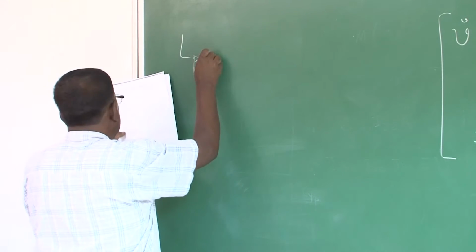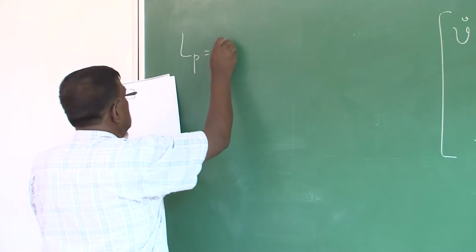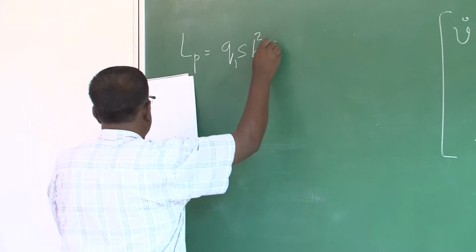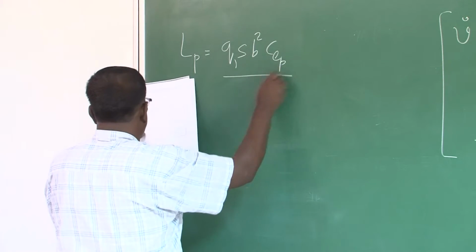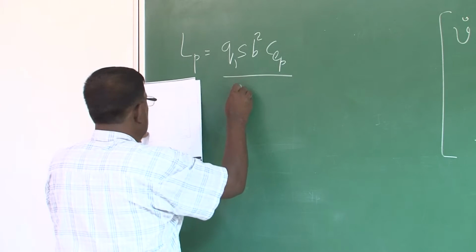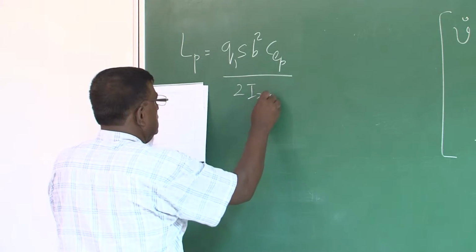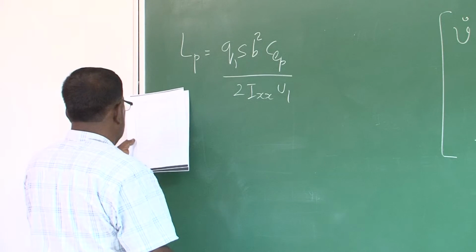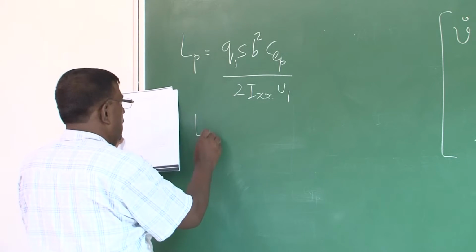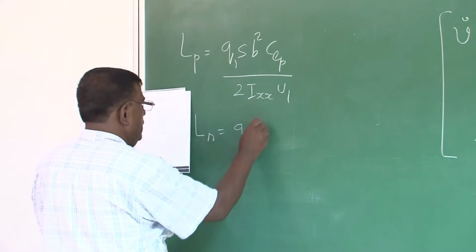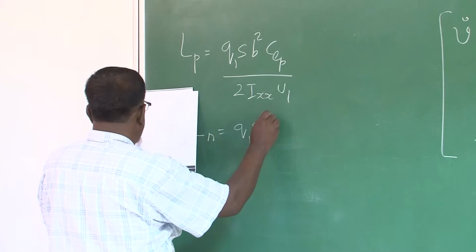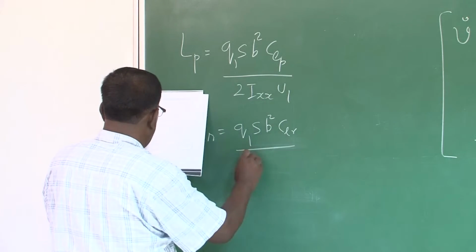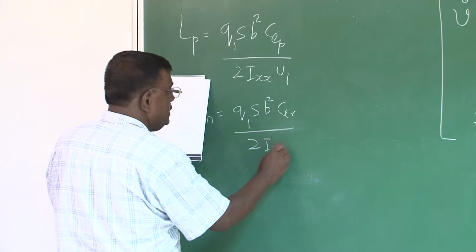Lp is Q1 S b square CLp by 2 Ixx U1, that is Lp. Lr is Q1 S b square CLr by 2 Ixx U1.